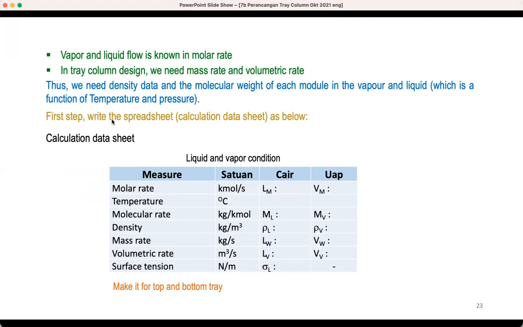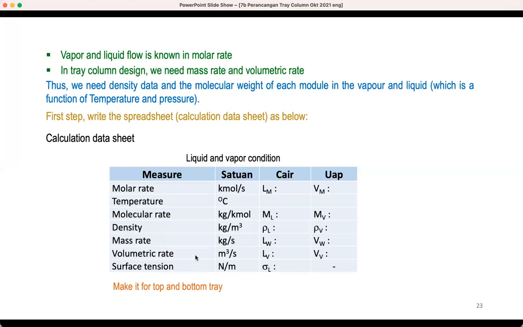So the first step, you need to write the spreadsheet or calculation data sheet as below. The calculation data sheet will comprise the liquid condition and the vapor condition. The molar rate that you get from the calculation, you write as LM and VM, and then change it to mass rate in kilograms per second, and volumetric rate in cubic meters per second, by finding the molecular weight and also the density.